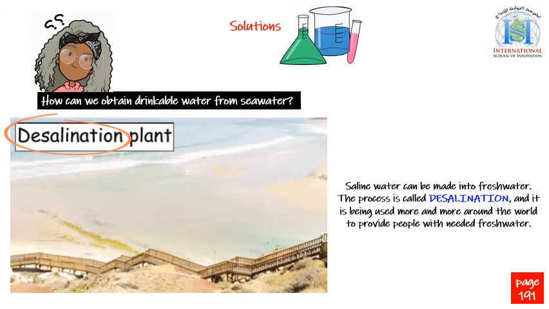There are places around the world that do this job, and they are called desalination plants. So the desalination process helps us turning the seawater into fresh, usable water.